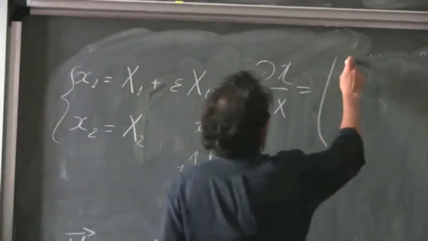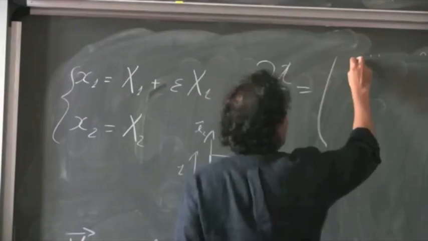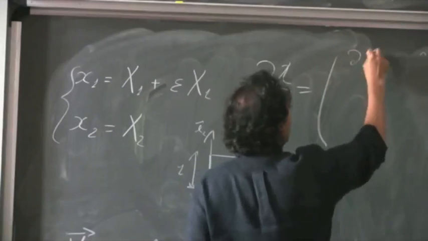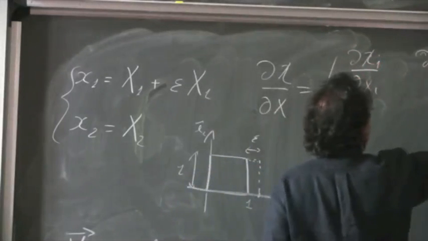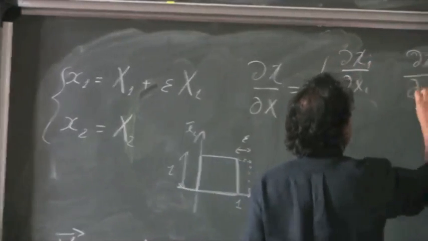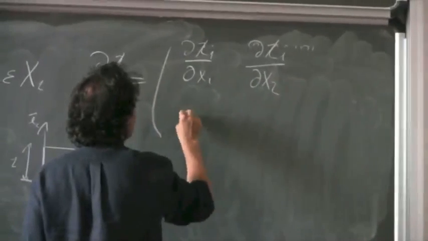So here you have the derivative of t1 with respect to X1, and here the derivative of t1 with respect to X2.